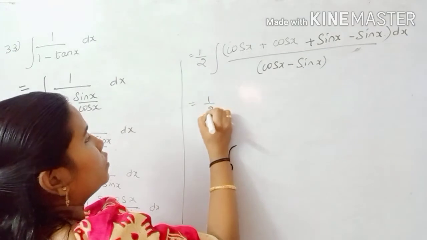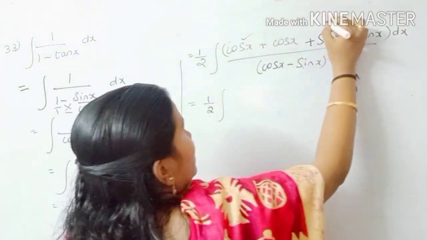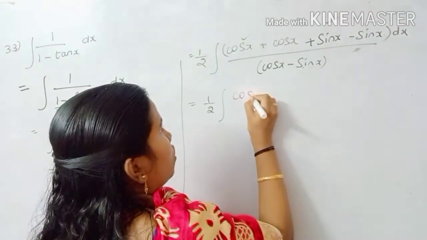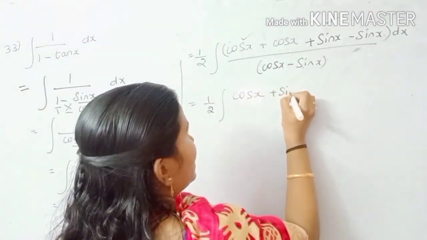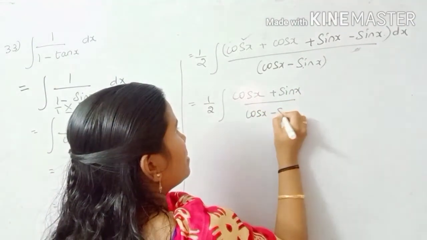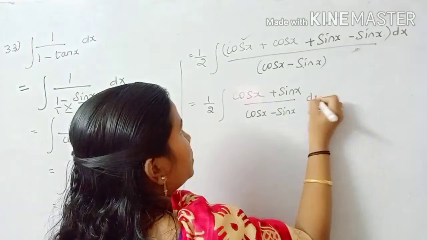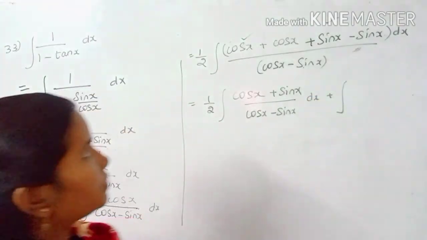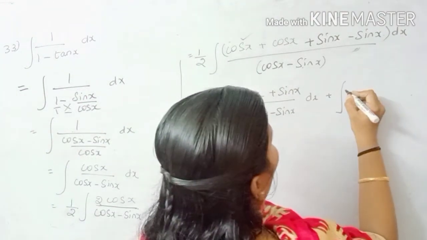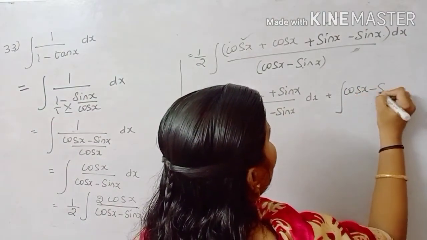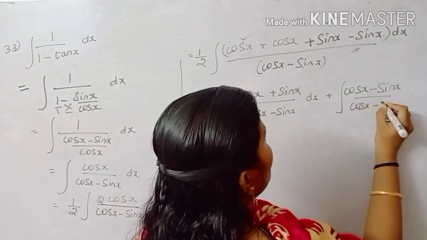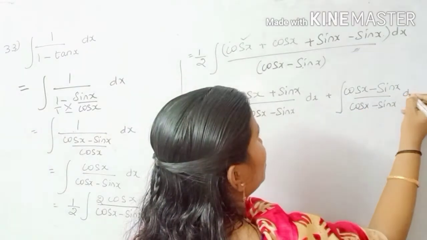So this is equal to 1 by 2. Now I just split the term: cos x plus sin x, cos x minus sin x. So cos x plus sin x divided by cos x minus sin x into dx plus integral, and the other part is cos x minus sin x divided by cos x minus sin x into dx.